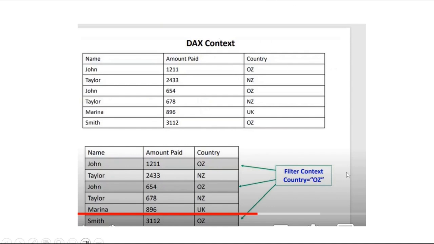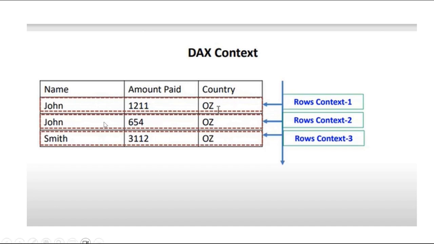So we applied a filter context on this column: country is equal to OZ. So it will return the data only where OZ is there. Row context talks only about the rows. If we want any kind of filter from rows, then row context will work there.